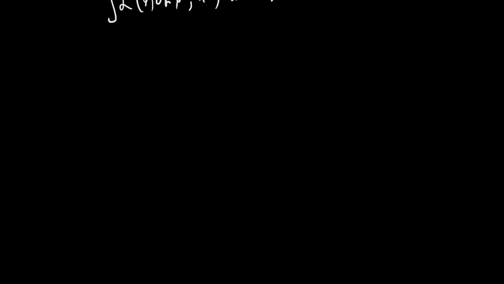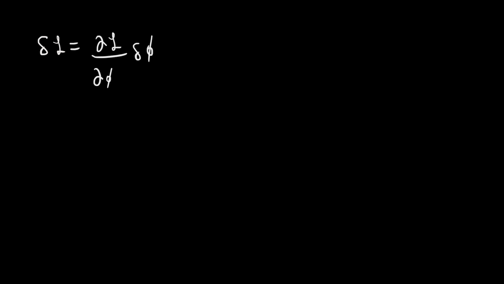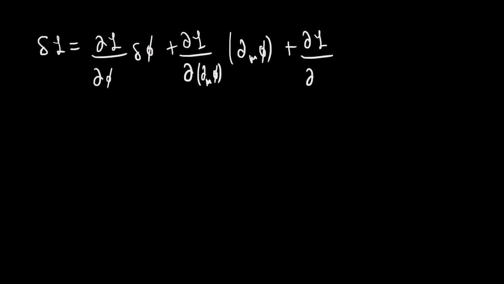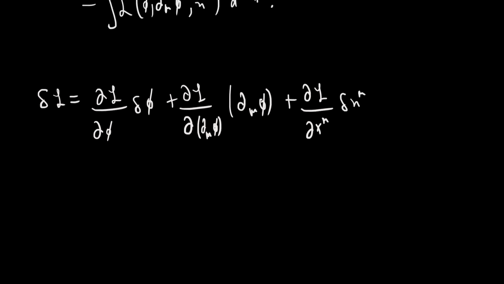So we are left with, first of all, we define delta L as equivalent to del L by del phi delta phi plus del L by del del mu phi delta of del mu phi plus del L by del x mu delta x mu. So our delta L is this.